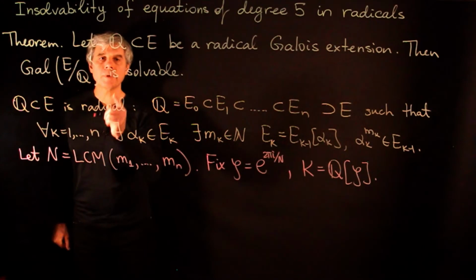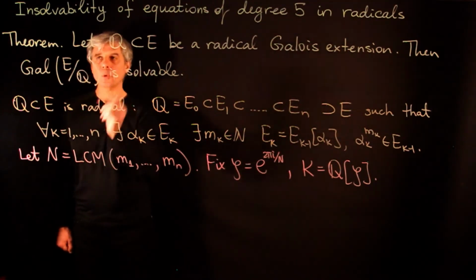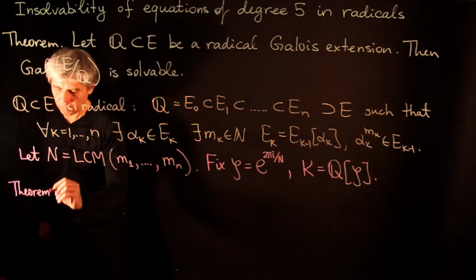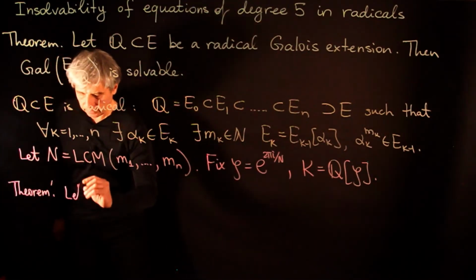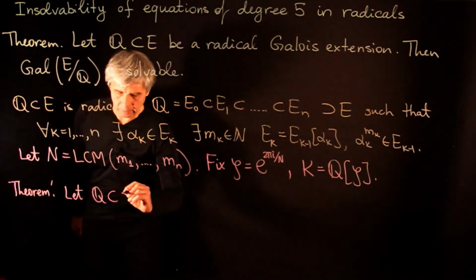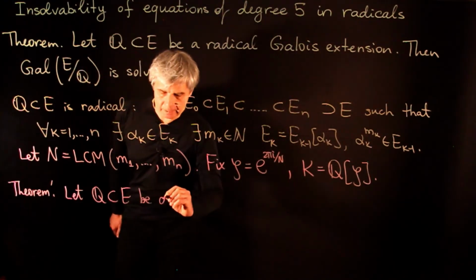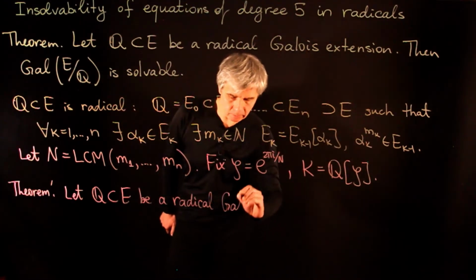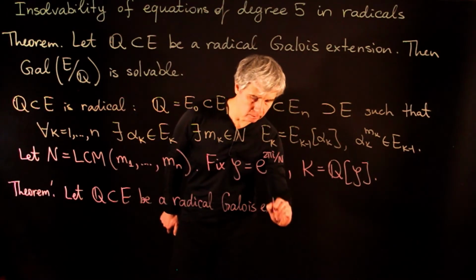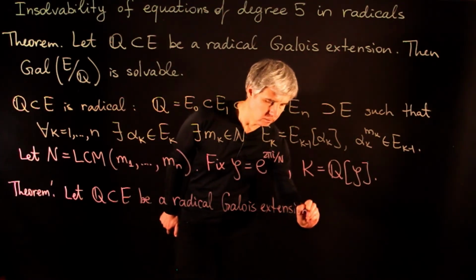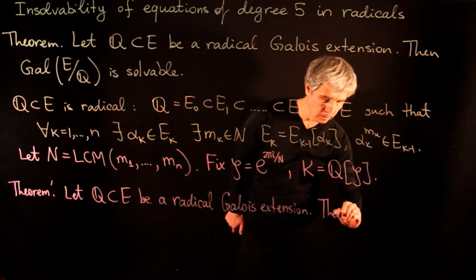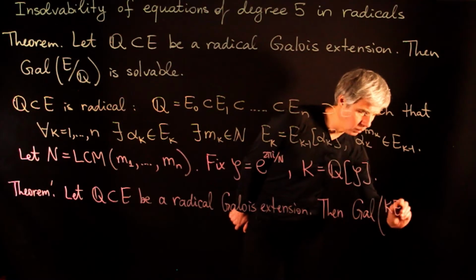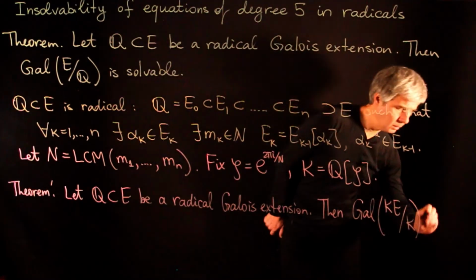As we saw in our previous lecture, it is sufficient to prove the following modification of this theorem. So, theorem with a prime: let E be a radical Galois extension, then the Galois group of KE over K is solvable.